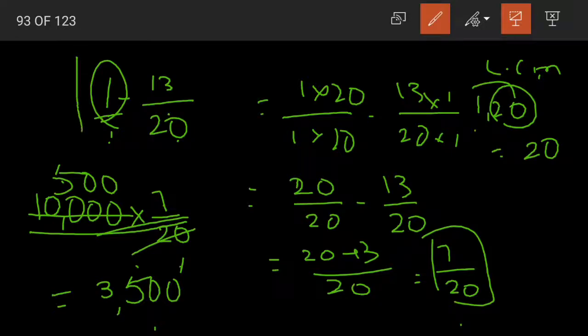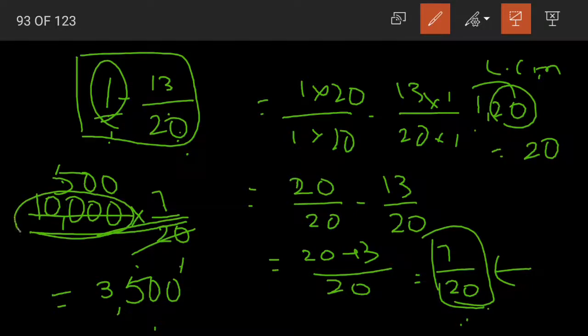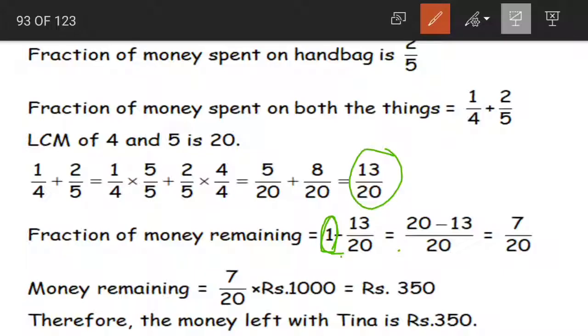Understood children? 1 minus the fraction of amount spent will give us the fraction of amount left. But we do not want the fraction of amount left. We want how much amount is left. So we are multiplying this fraction with the total amount. Then we got rupees 3,500 as our answer.